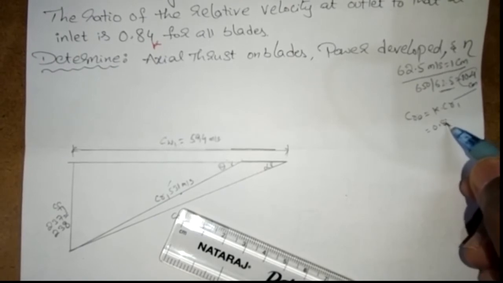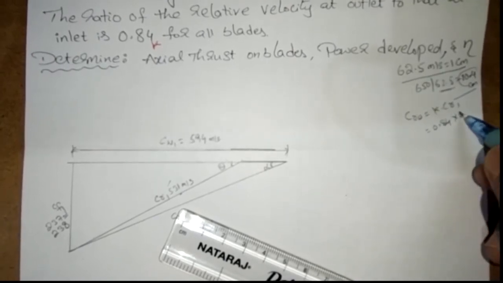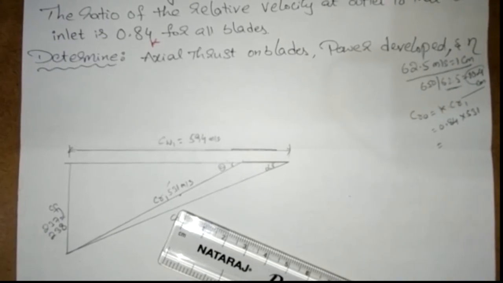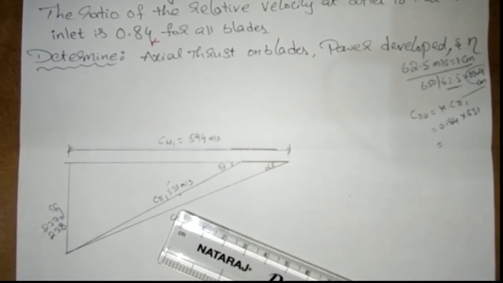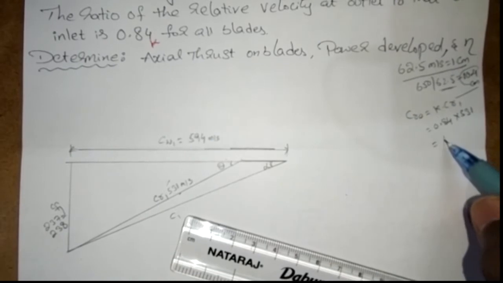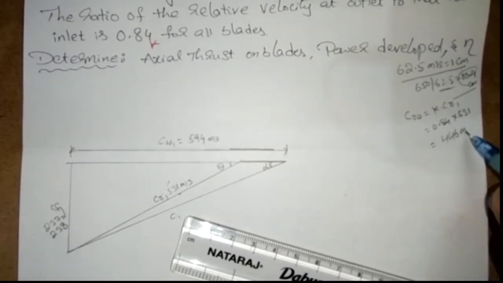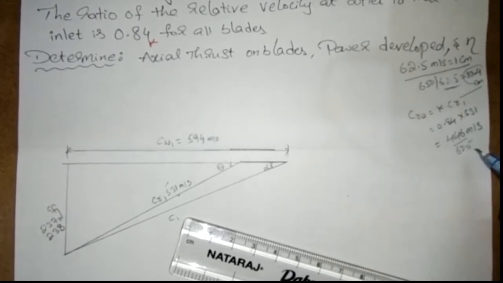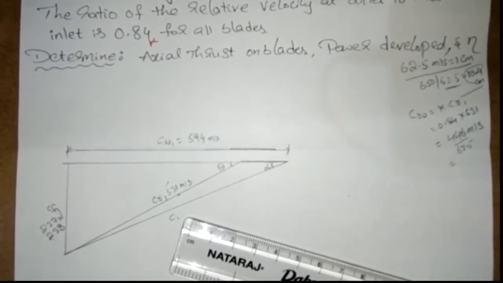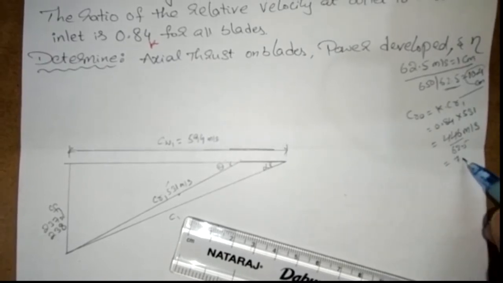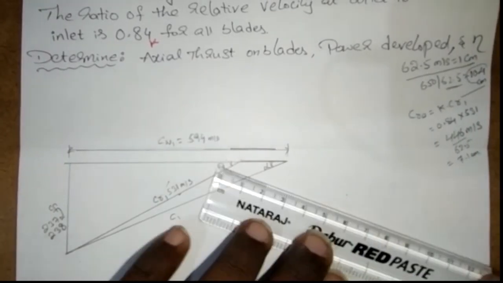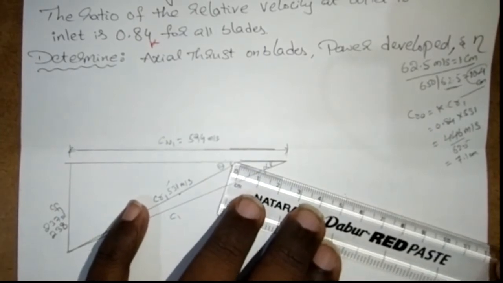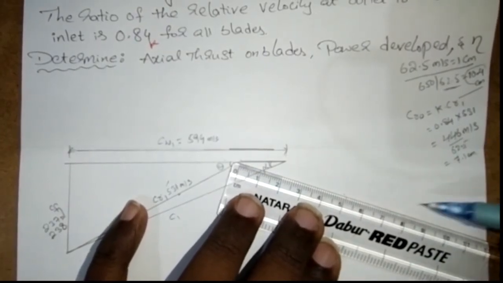Here k is 0.84 and CR1 is 531. 0.84 into 531, around 446 meters per second. We have to convert into centimeters. What is the factor here? 62.5. So 446 by 62.5, around 7.1 centimeters. So at this angle we have to construct 7.1.